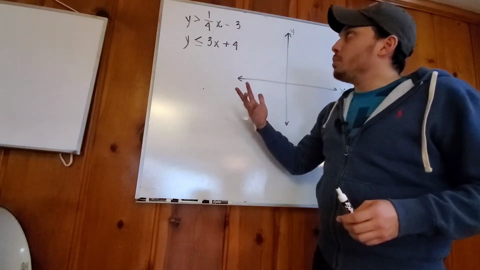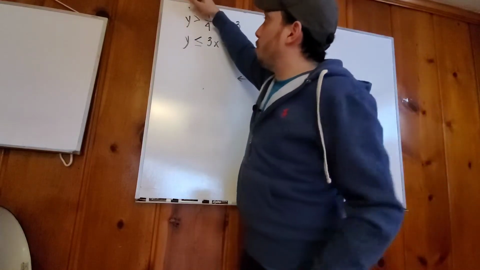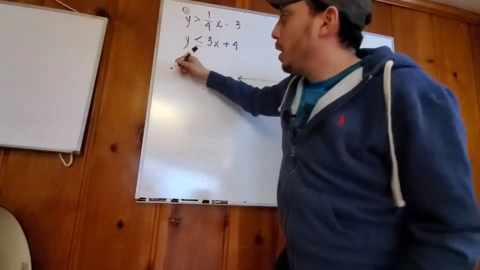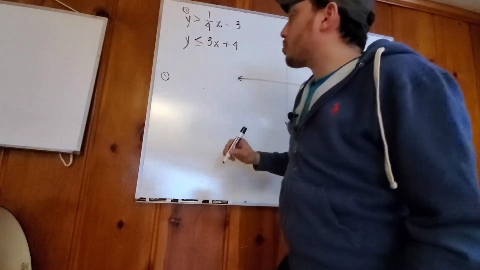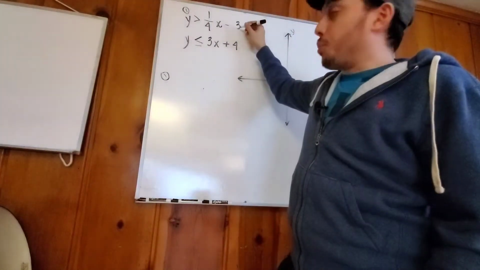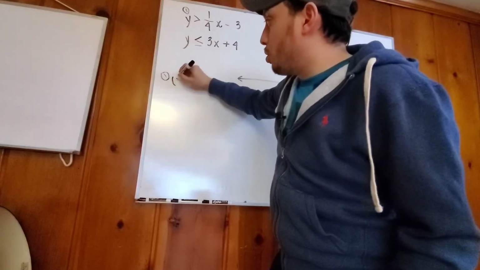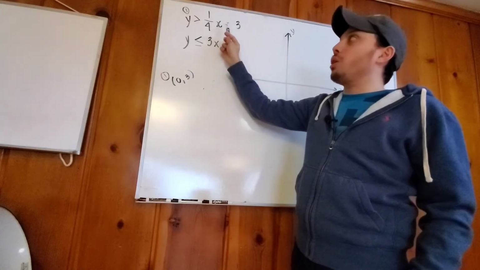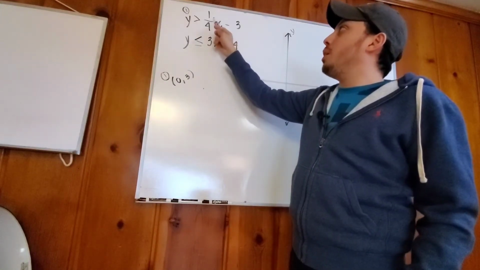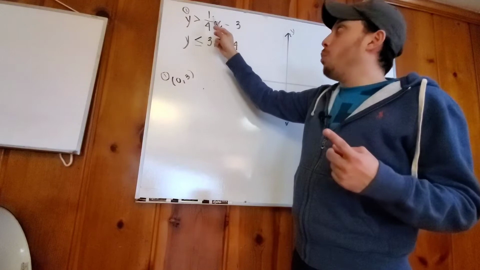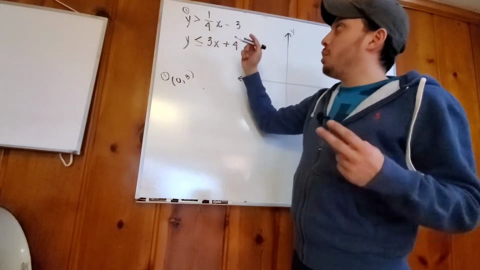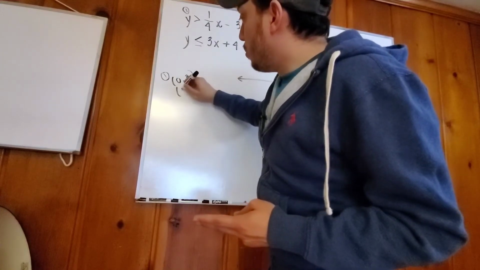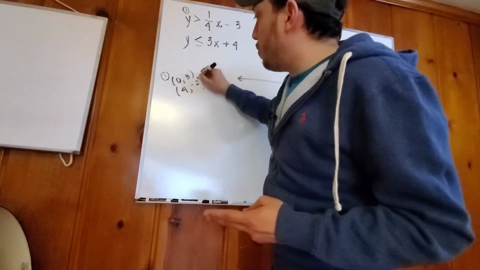So the 2 points for the first one, and I'm going to label it 1, are going to be 0, -3. I know that for sure, 0, -3. And then I'm going to just choose a number like 4 for x. Why 4? Because 1/4 of 4 is 1, and 1 minus 3 is -2. So my second point is going to be 4 for x and -2 for y.